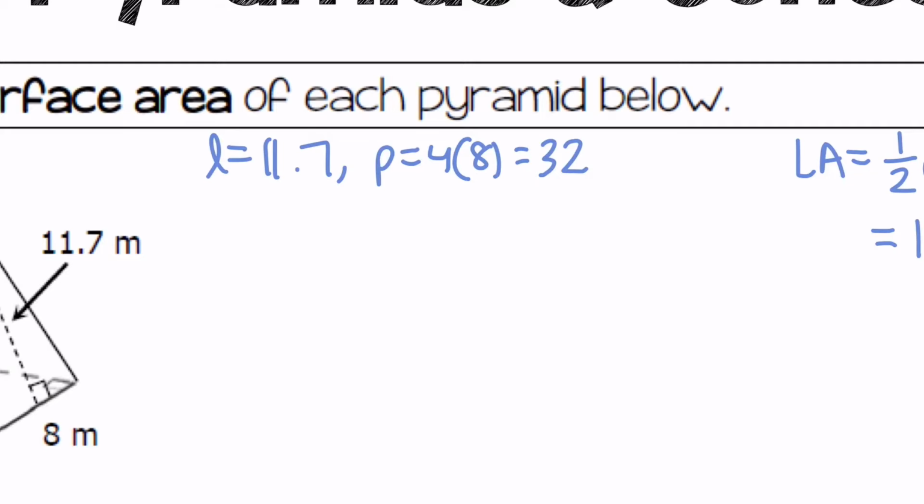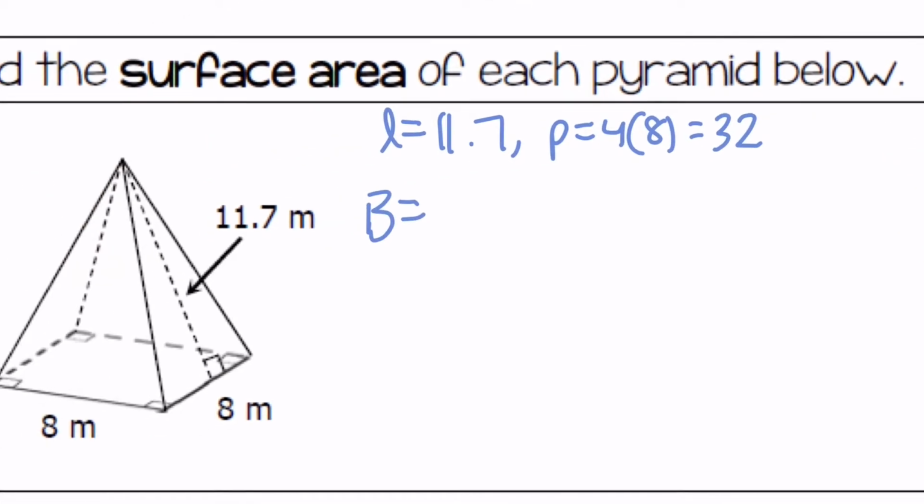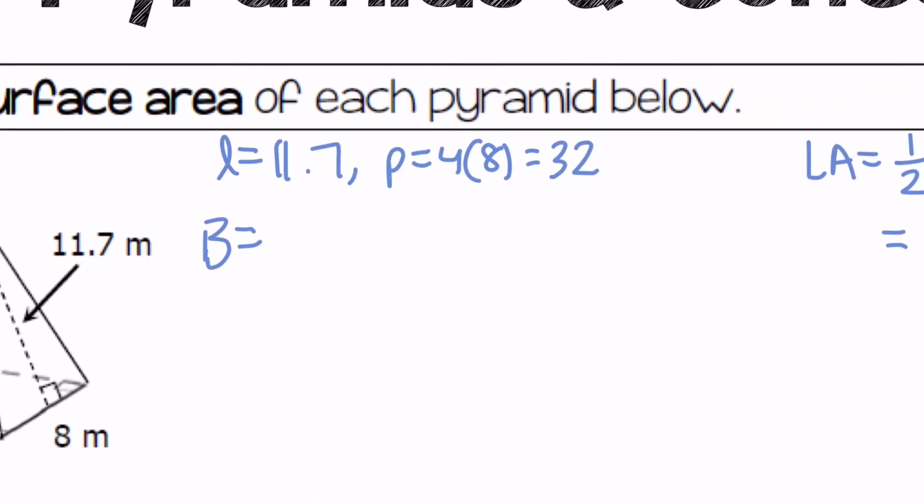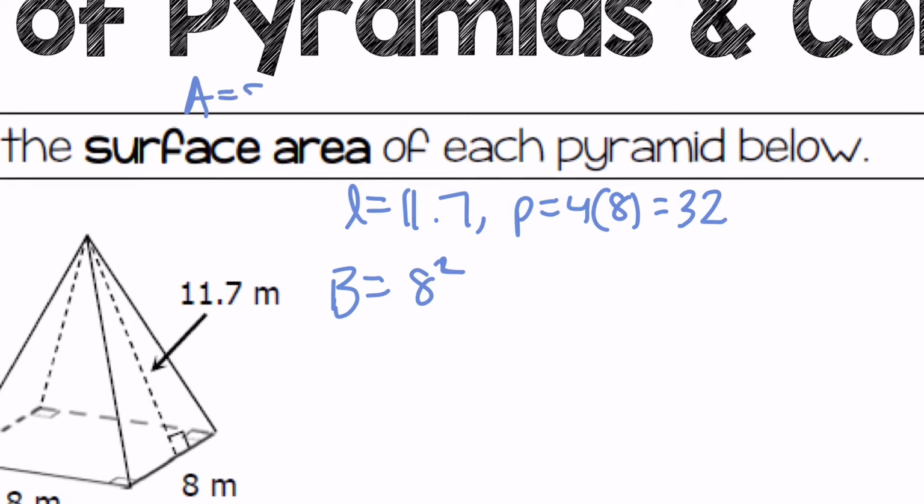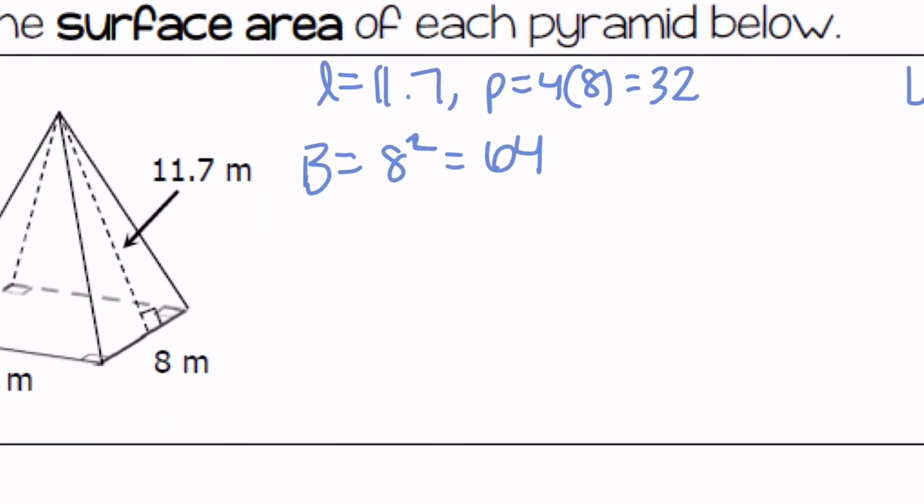Then the area of my base, since this is a square, is 8 squared. Remember, the area of a square is equal to side squared. So the area of the base is equal to 64. To find my surface area, I add all of those together: 187.2 plus 64.